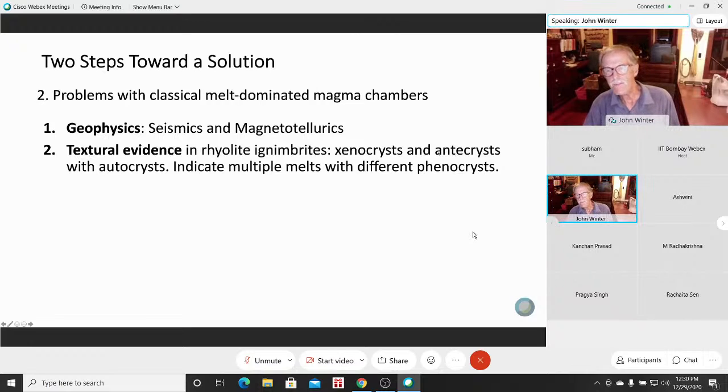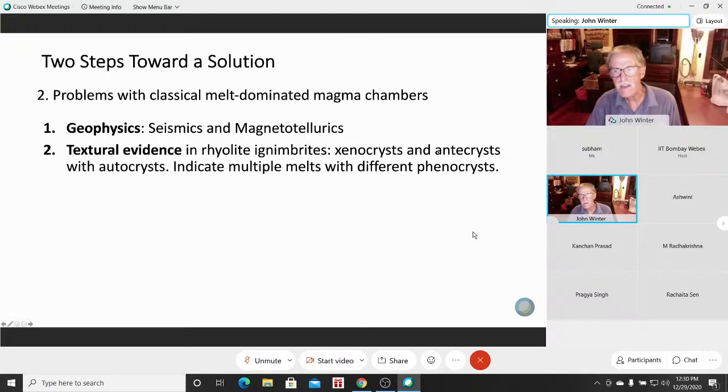Anticrysts are from a different cycle. They're related, but they seem to come from an earlier phase of the liquid, not the later phase of the liquid that they're found in now.